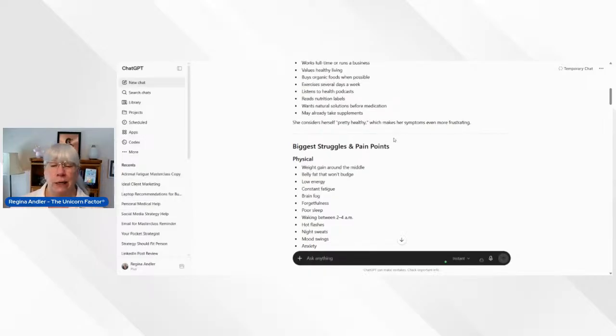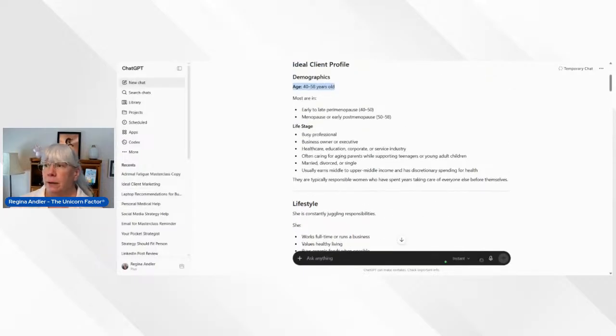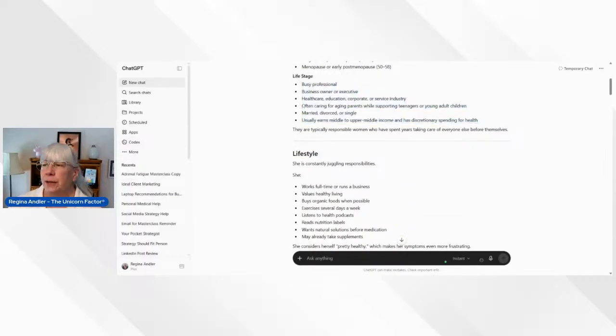This is actually narrowing down a niche as well. However, it's still pretty broad because we have this here, which is a pretty broad area. I'm okay with that though. But here, busy professional, business owner, healthcare, all of this stuff, you could actually say, okay, it's that demographic who is caring for aging parents while supporting teenagers.